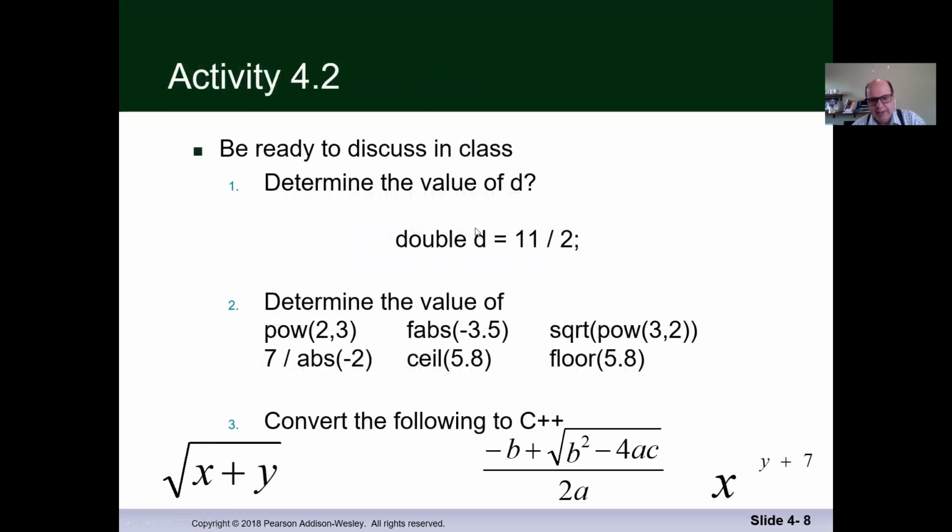This is going to be the activity that you're going to do after this section. So you want to do 3 things for us. One is what is the result of 11 divided by 2. The other one is doing these things over here, determine the value of pow, fabs, square root, power, floor, ceiling, and so on and so forth.